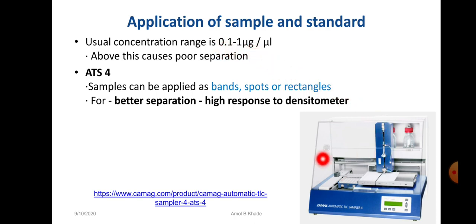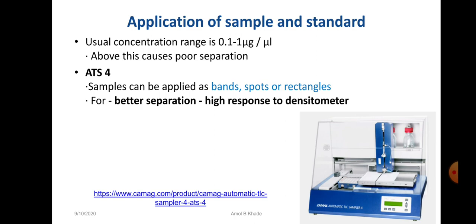Now this is the highly sophisticated and very recent auto sampler which is used for spotting our samples and standard. All these images are taken from CAMAG, a leading manufacturer globally, which manufactures and provides support for all these HPTLC equipments.